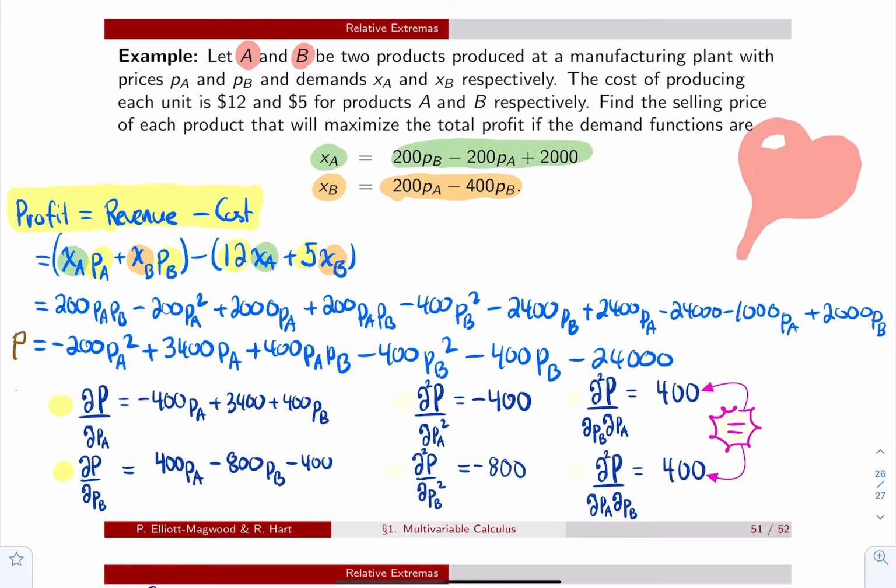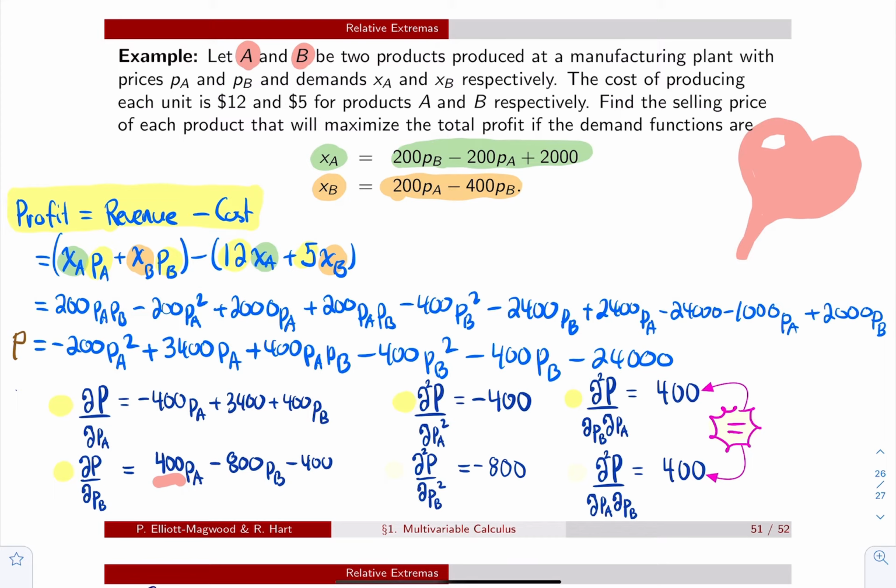And now if you're looking at the second order partial derivatives, if you start with del P over del PA and you differentiate again with respect to PA, you're going to get minus 400. If you take del P over del PB and differentiate that one with respect to PA, you're going to get 400.